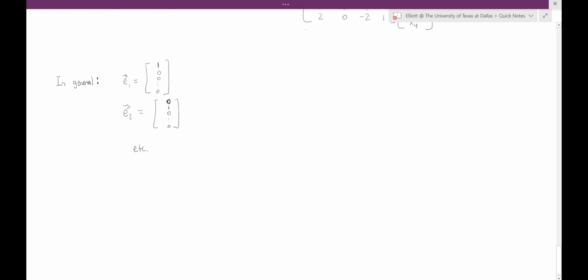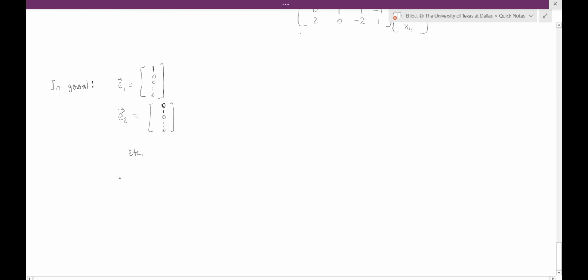And then let's say we're dealing with vectors in Rn. So the final vector En would have zeros everywhere except the very last component. So these are called the standard basis vectors of Rn.